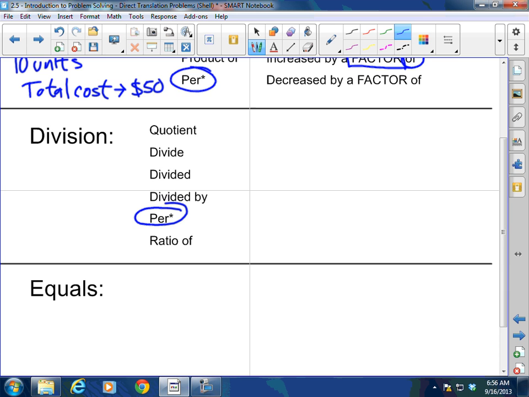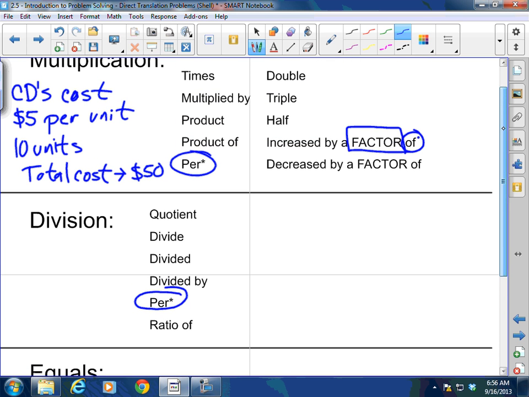Let's use the same example, okay? CDs cost $5 per unit. What if I tell you now the total cost equaled, whatever, $40. How many units did you buy?